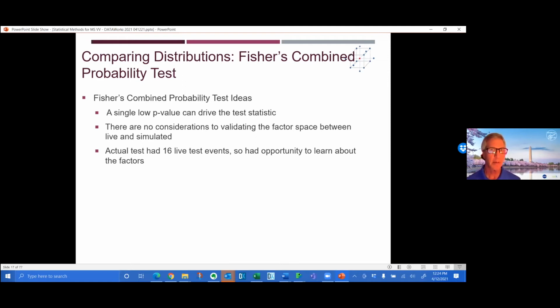Probably the biggest disadvantage is that we're not thinking about any sort of factor space or factor conditions when doing Fisher's combine, and we're just picking shots as we get them. Learning about the factors is something we would want to do, and that's where we're headed in terms of talking about test design to enable us to do that.